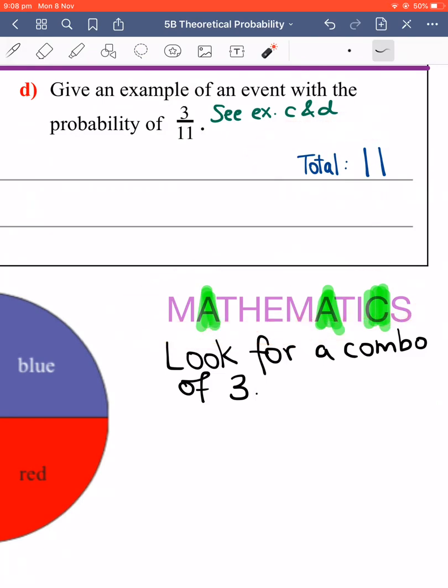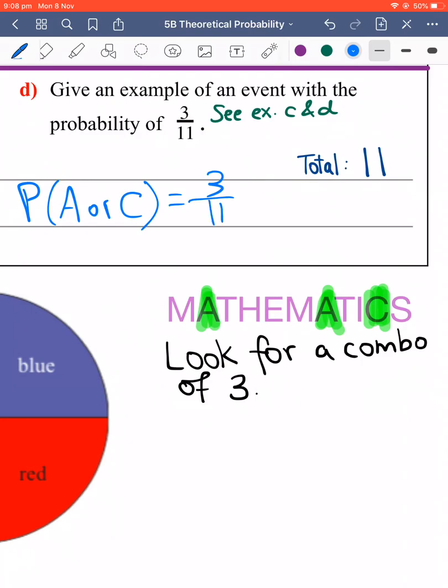Okay, that has 11 total outcomes, and we want to look for a combo that is going to give us 3. So I've got here A and A, so I've got A or C. So I could say the probability of getting A or C. So probability of getting A or C does indeed equal 3 over 11.